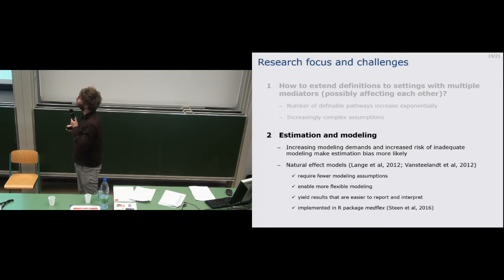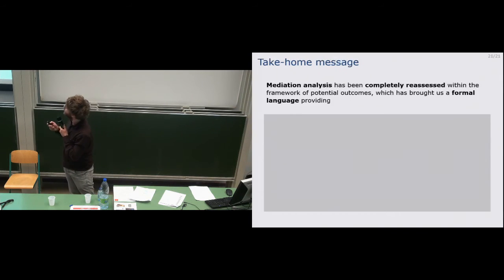Natural effect models for potential outcomes, for instance, allow for much more flexible modeling and also yield results that are easier to interpret and to report. These models can be fitted for single mediator settings using our homemade software package Medflex for R. Because of time constraints, I'll skip this part.